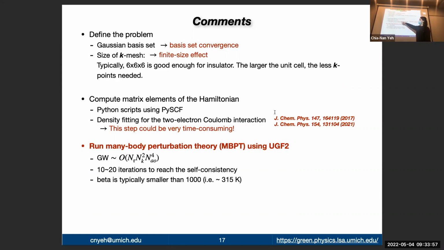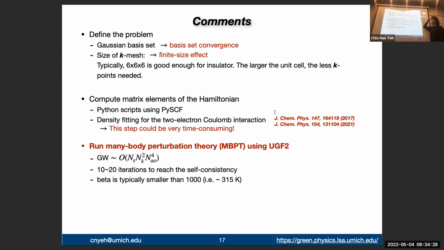This step, especially the electron repulsion integral computation, especially the density fitting part, could be very time consuming. And sometimes for some systems it is even slower than this step, which is somewhat unexpected, but I guess this is what it is. There are several attempts to speed this up, which you could check, especially the second paper.